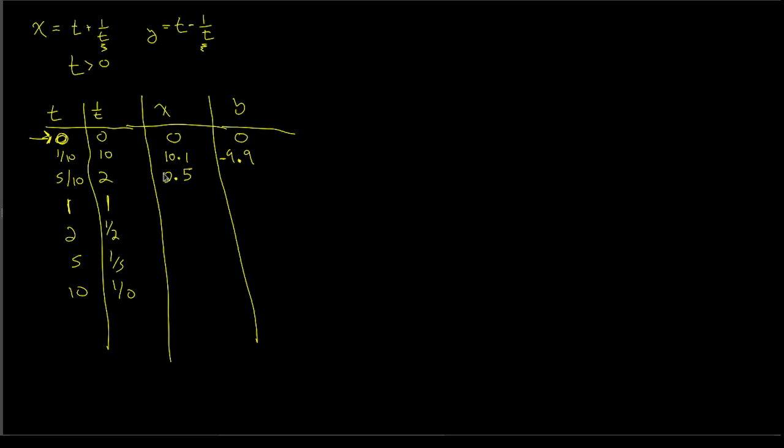And then on the other side, this is going to be 0.5 minus 2, so negative 1.5. 1 minus 1, this is going to be 0. Or not 0, it's going to be 1 plus 1. Whoops. Yeah, so 1 plus 1 is 2, and 1 minus 1 is 0.